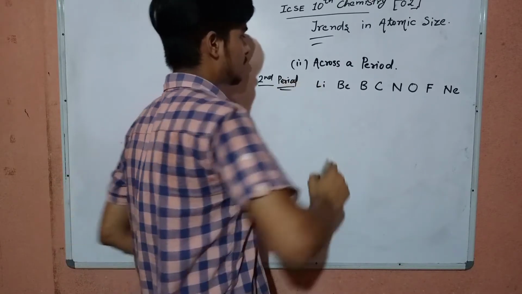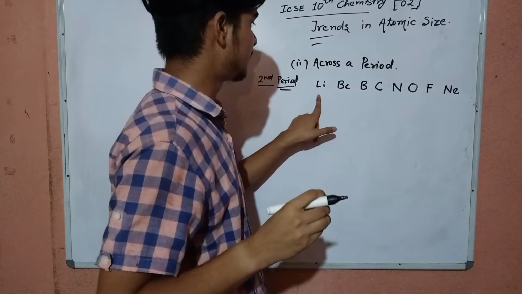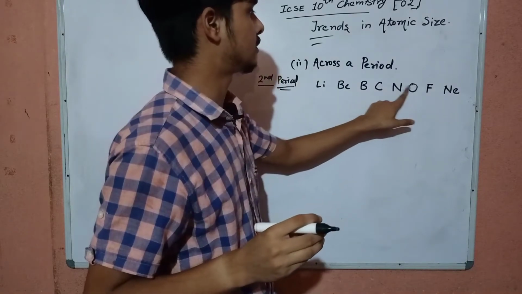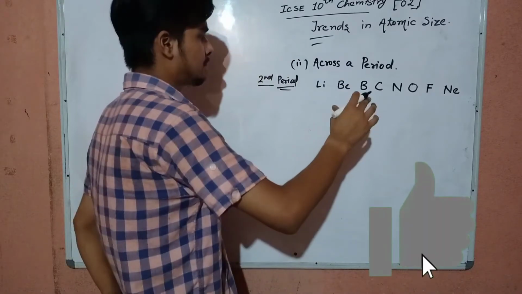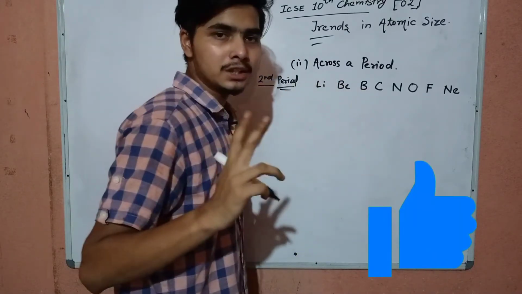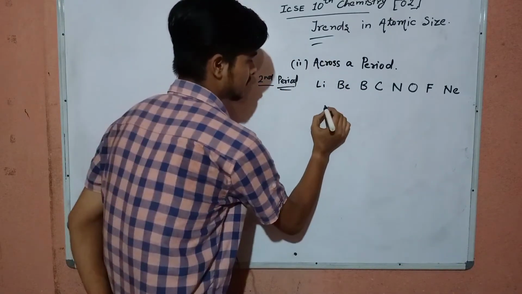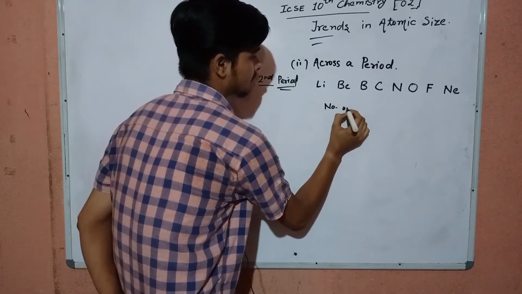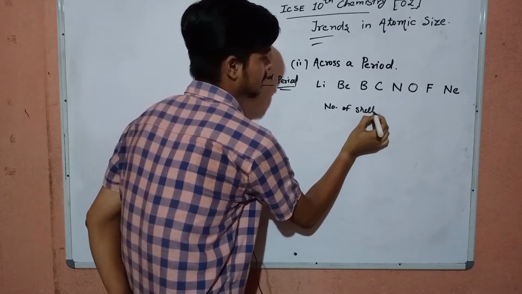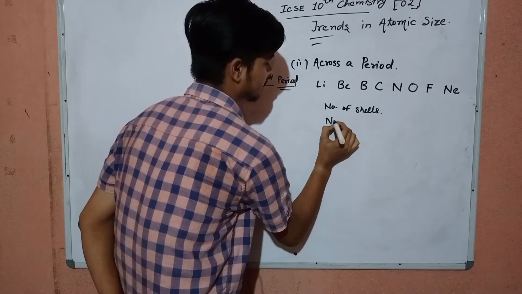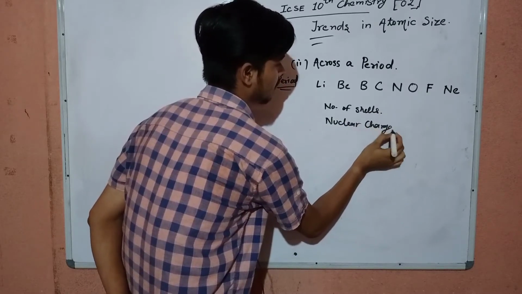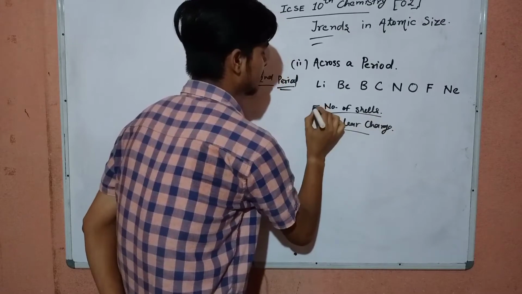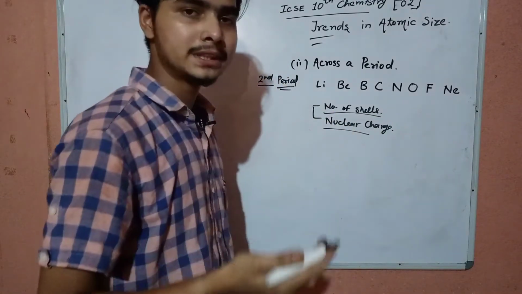The second period elements are lithium, beryllium, boron, carbon, nitrogen, oxygen, fluorine and neon. Across a period, what are the 2 factors on which atomic size depends? It is the number of shells, and the other factor is nuclear charge.